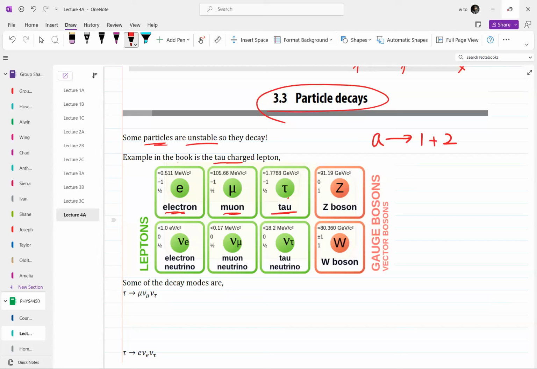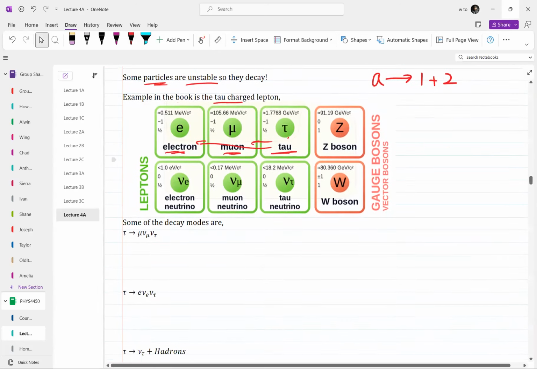That's the heaviest one, which is about 1.8 GeV in mass, okay? So the tau is going to decay into these lighter leptons or other things, actually, okay?